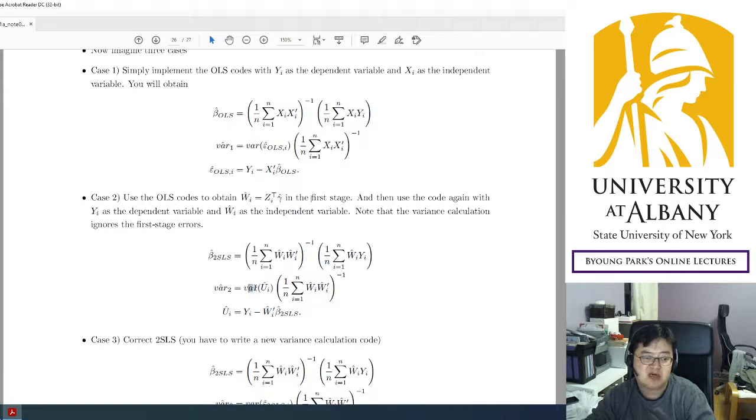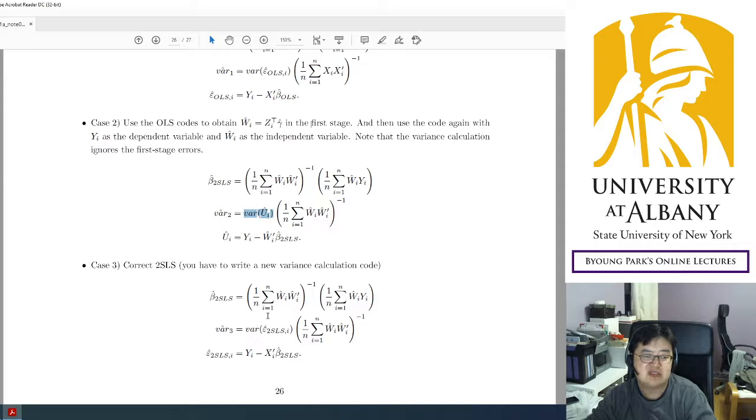This was wrong because this part is wrong. Beta hat is correct, there is no problem in beta hat, but this part should be defined again. The residual that you use in the variance calculation should be written in this way. Even if your regression is y on w, the residual is calculated based on x. That is the main difference.